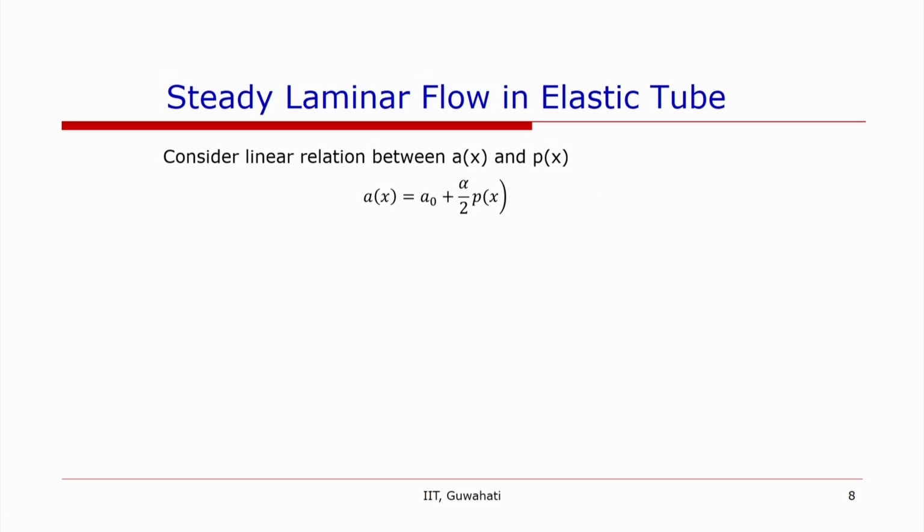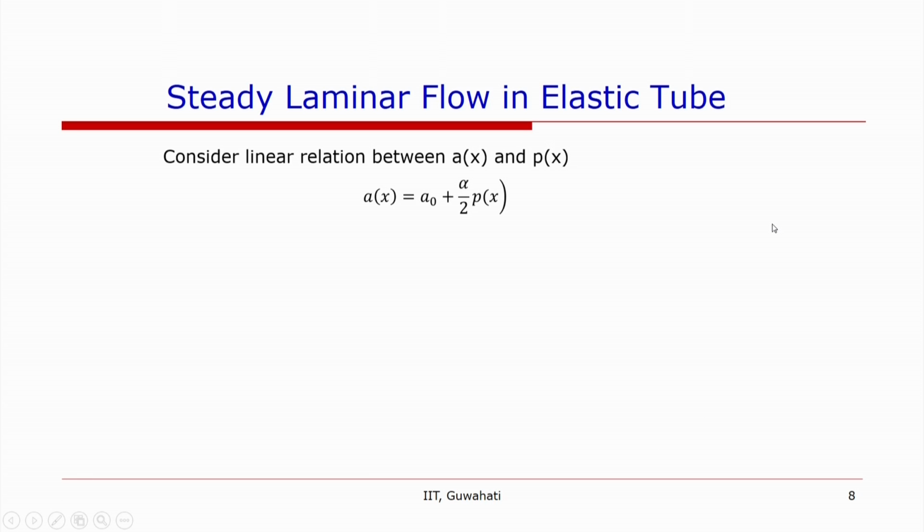This linear relationship is generally valid for a certain category of arteries, the arteries in the pulmonary system. For that, this relationship is valid. So we will try to look at the relationship, and this is the final expression that one can derive.